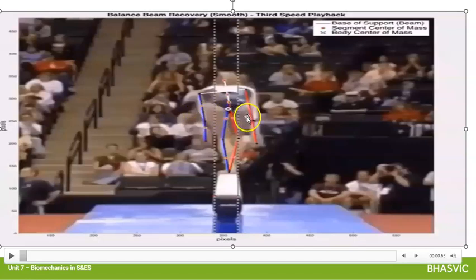The centre of mass moved outside this width of the beam, and what they had to do was change their body position, redistribute their mass. They stuck their arm out or their leg out to try and move their centre of mass back within this width, this base of support. This is the base of support. It's such a narrow thing to protect in terms of keeping centre of mass in.